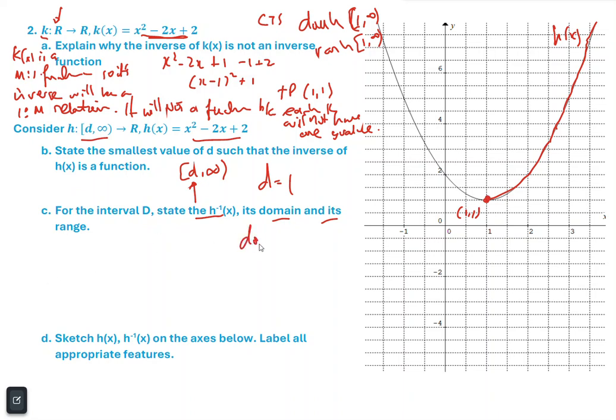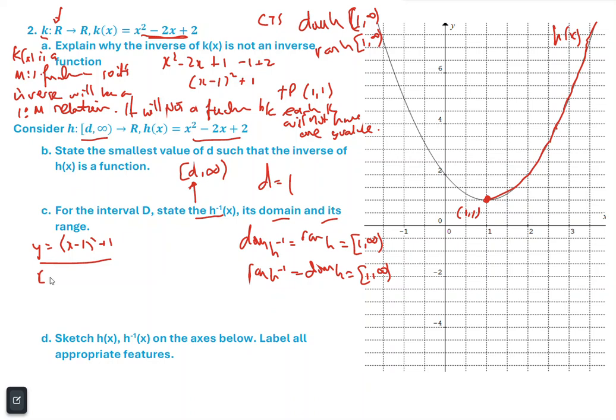So the domain of the inverse equals the range of h, which is 1 to infinity, and the range of the inverse is equal to the domain of h, which is also 1 to infinity. And the rule: I've got y equals (x minus 1) squared plus 1.